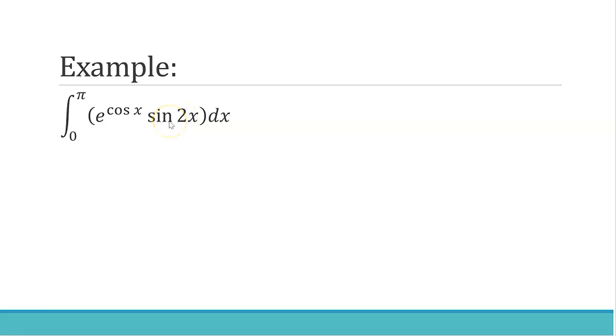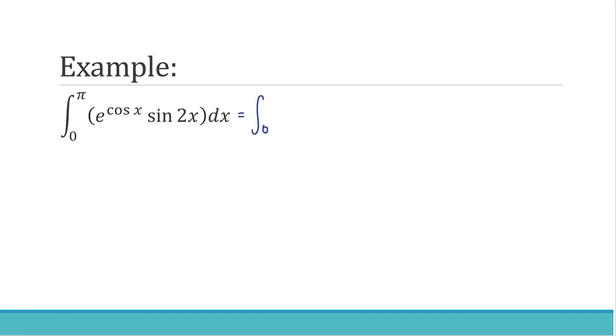And even if we went directly for u substitution, it doesn't quite work out. If I take the derivative of sine 2x, I get 2 cosine 2x. I don't see that anywhere. The derivative of cosine is negative sine x, but I have sine 2x, which is not the same thing. So actually the very first thing we have to recognize is that sine 2x has an identity.